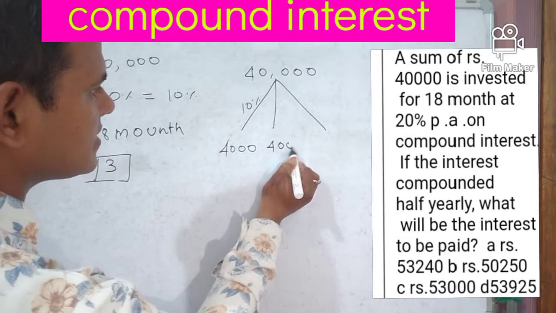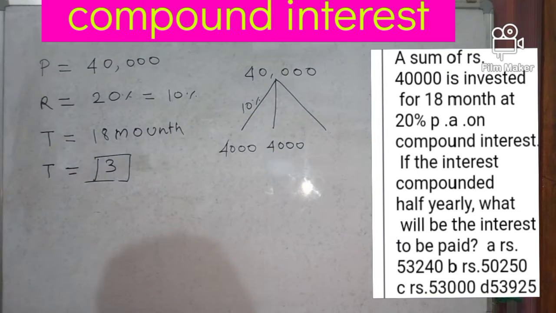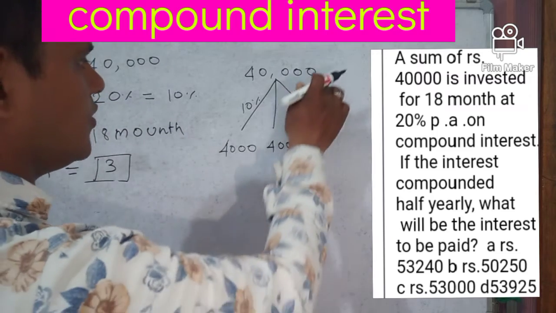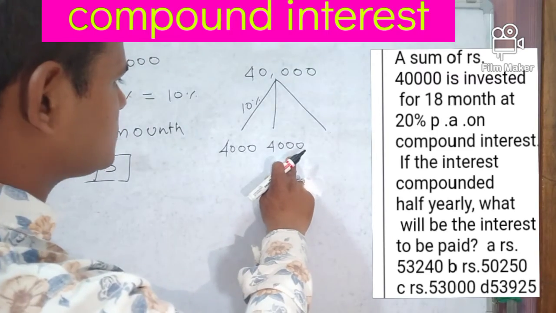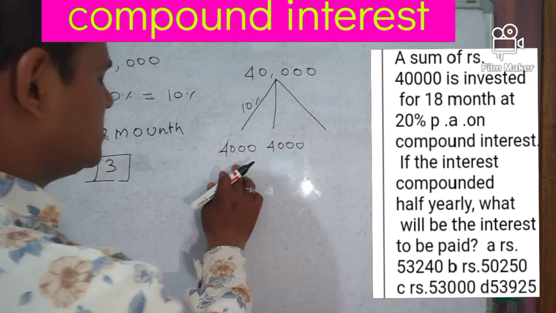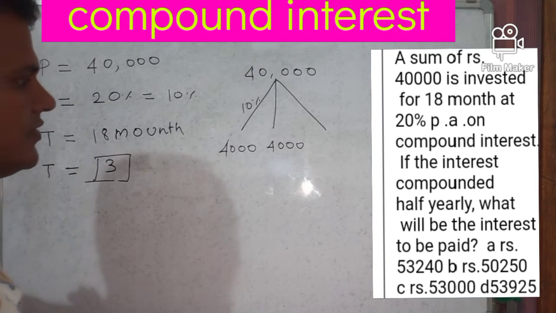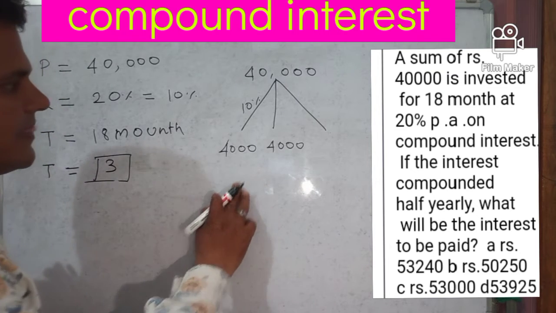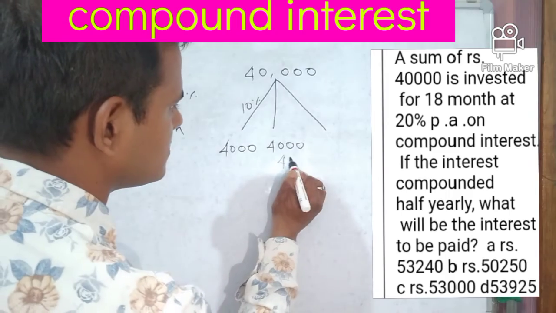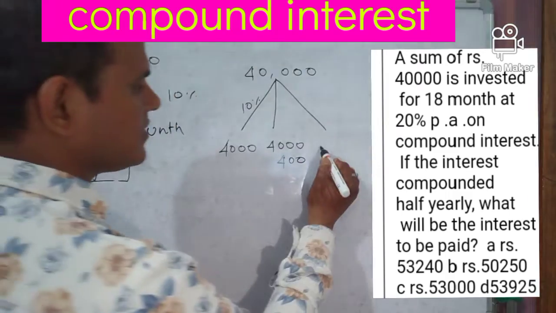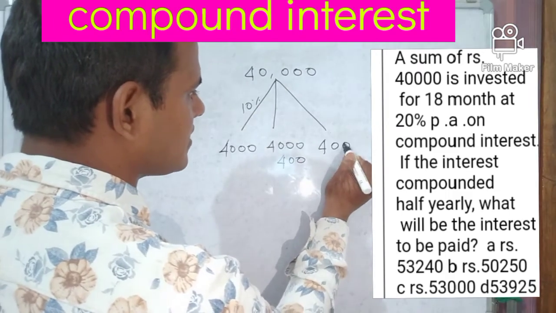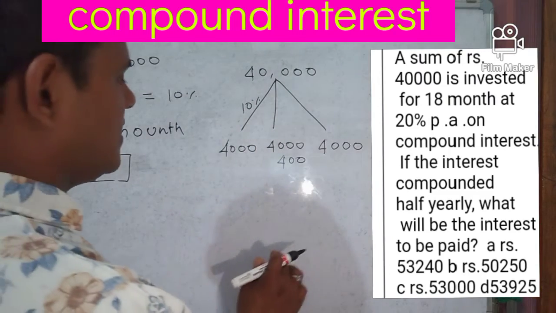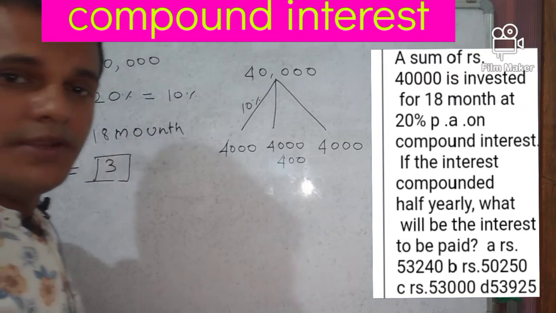Second year will become interest 4,000, but compound interest comes as interest on interest. So from 4,000 comes 400, and it will also come from this interest. So what will be 10% of 4,000? It will be 400. Okay, and third year it will come 4,000 on this amount, but compound interest is interest on interest.